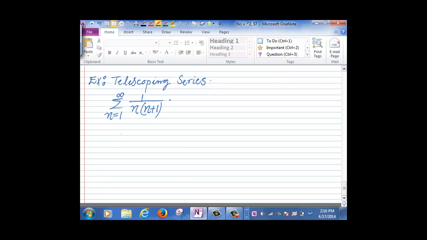And here's why. I am going to let a_n be 1 over n multiplied with n plus 1. And remember we did that partial fraction decomposition. If I use partial fraction decomposition, I can write this as 1 over n minus 1 over n plus 1.